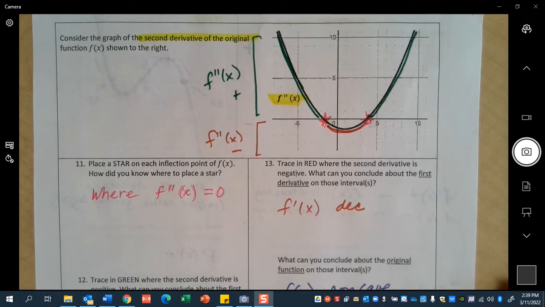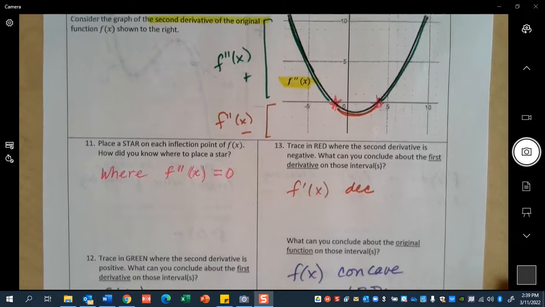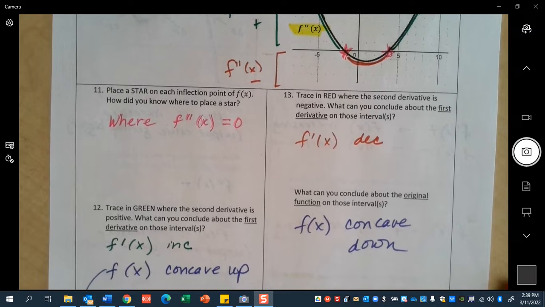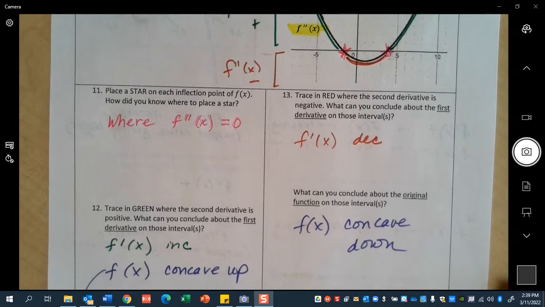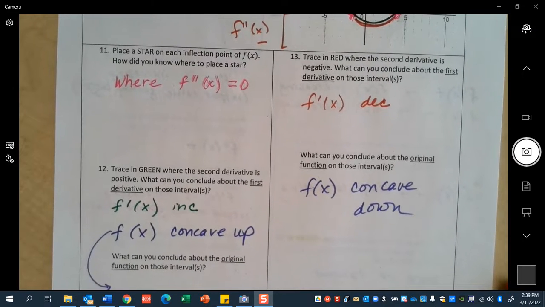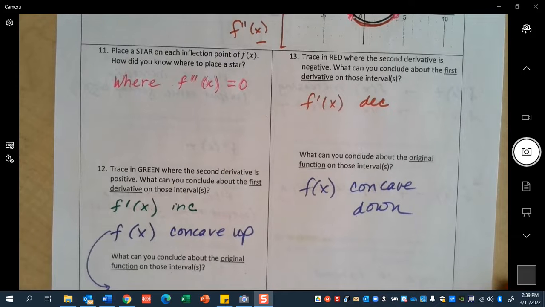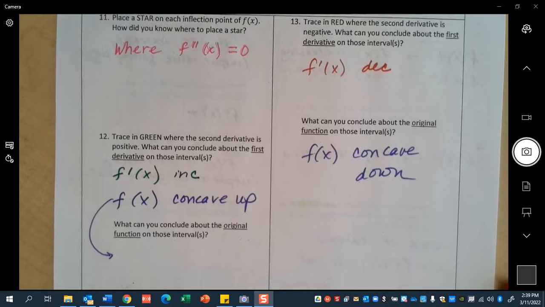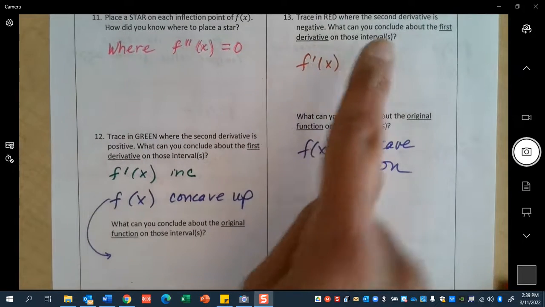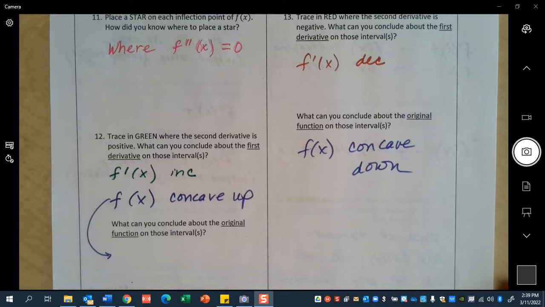When my first derivative is increasing, that is where my f prime of x is increasing, that's where my original graph is concave up. The sign of the second derivative is going to tell me what's happening with my original graph.